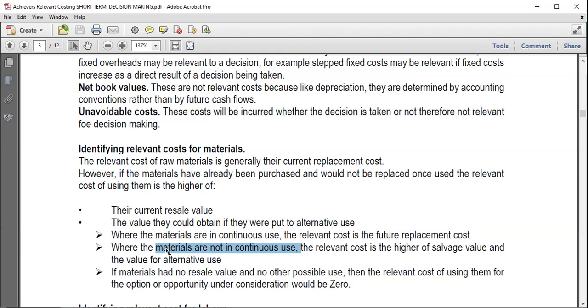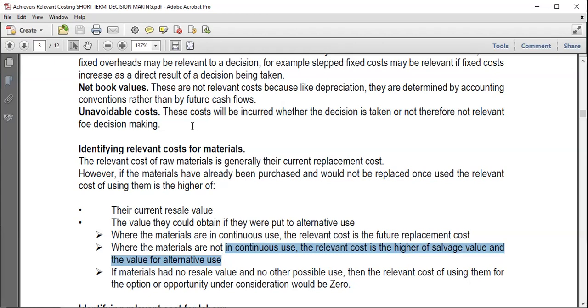If they are scrap in nature, the relevant cost here is the higher of the salvage value, the word salvage also means scrap, so the higher of the scrap value and the value for alternative use. You get it?